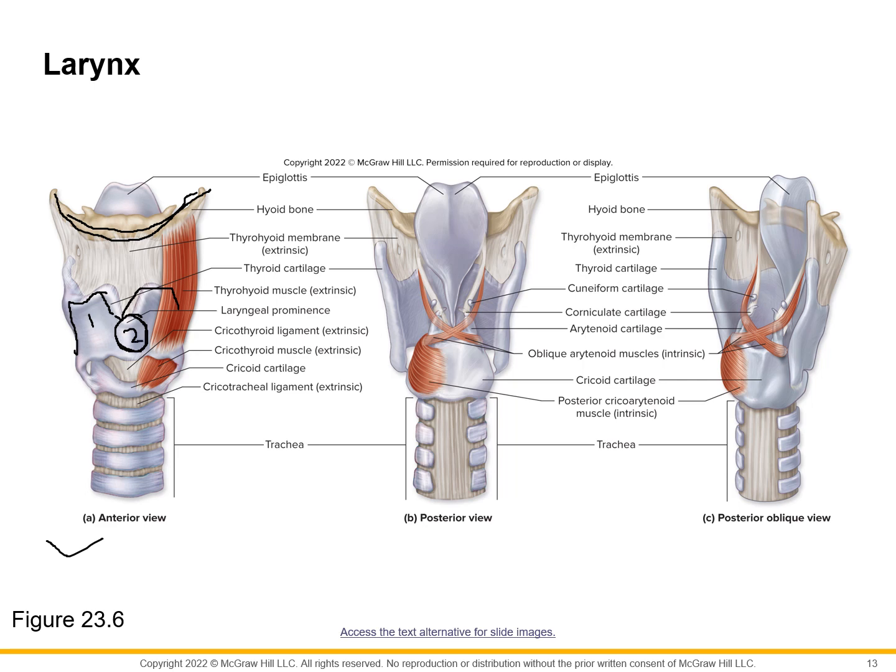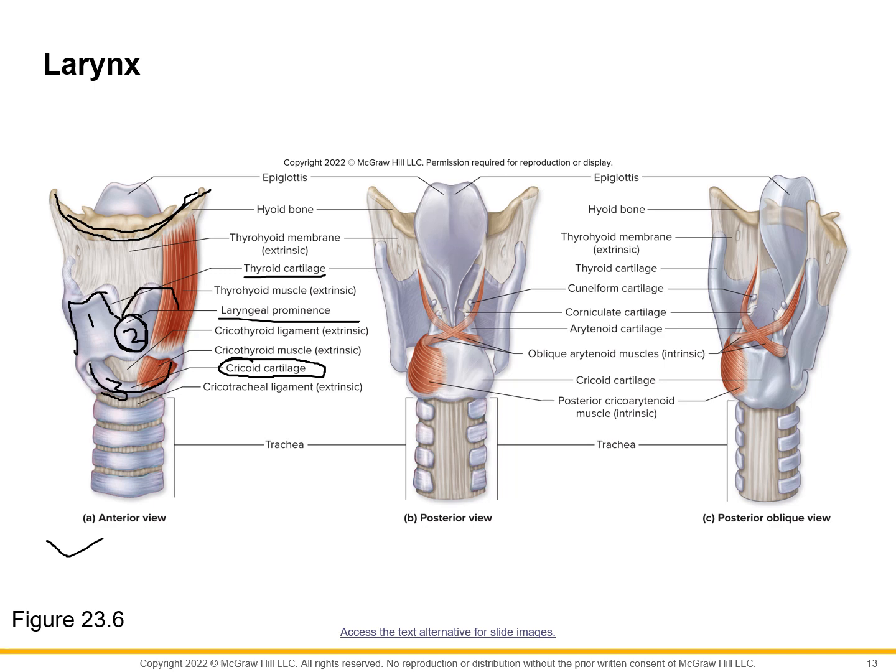And the structure number two, that is what is commonly referred to as the Adam's apple. So number one is the thyroid cartilage. Number two is the laryngeal prominence. This cartilage right here, this ring-like cartilage, number 3, is known as the cricoid cartilage.